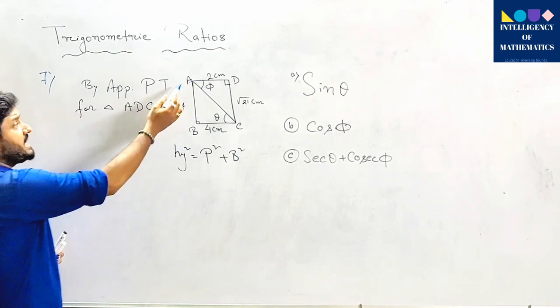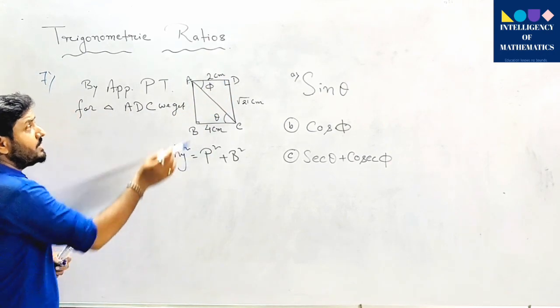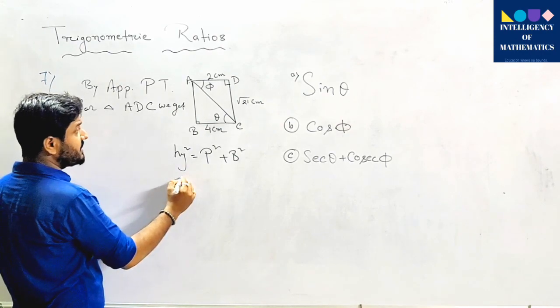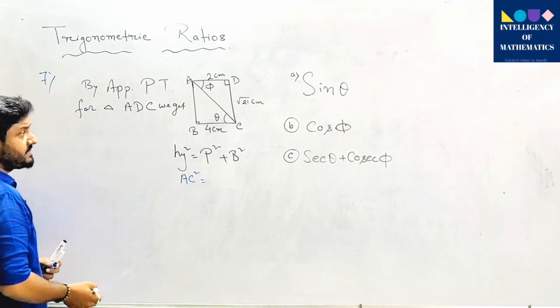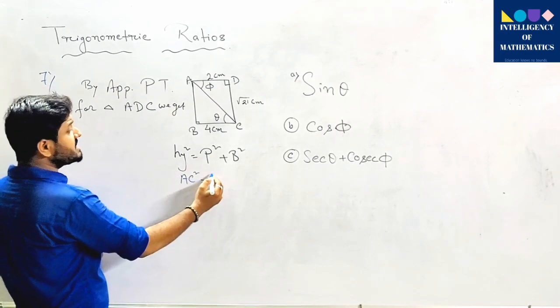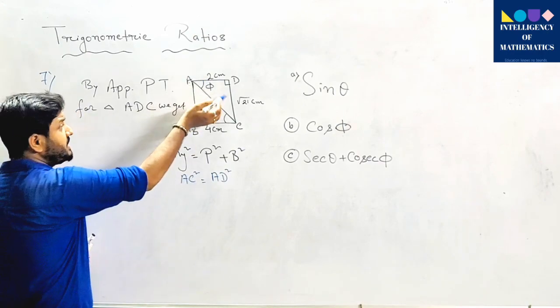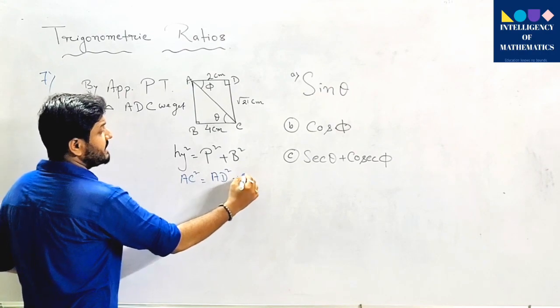According to triangle ADC, a right angle is marked, and I have told you the side in front of the right angle is always the hypotenuse, and that is the longest side. So AC will be the hypotenuse. In the perpendicular place we are writing AD. If you don't recognize it, no issues. The alternate will be there with these two sides, and DC square.